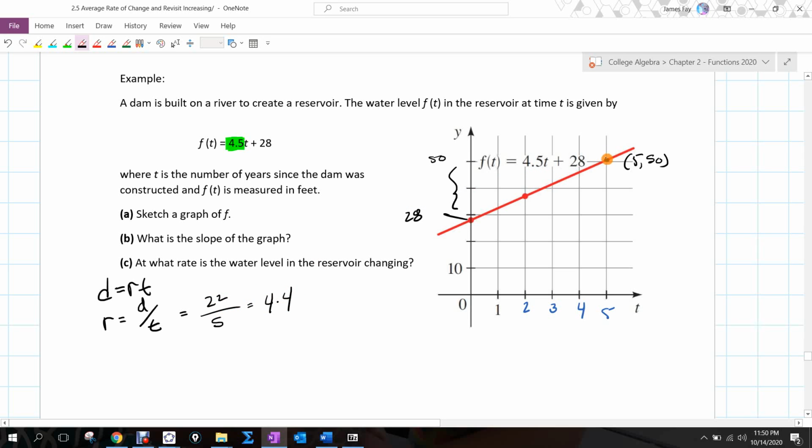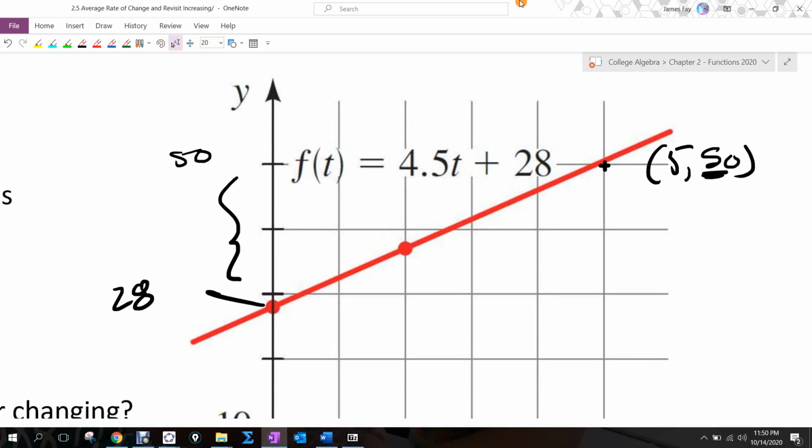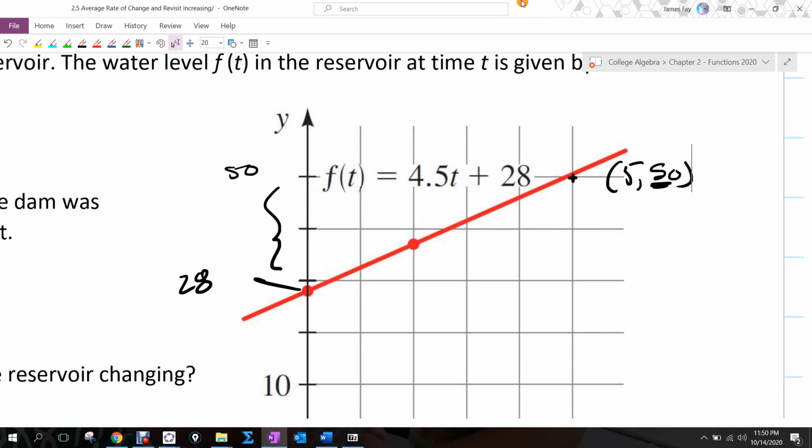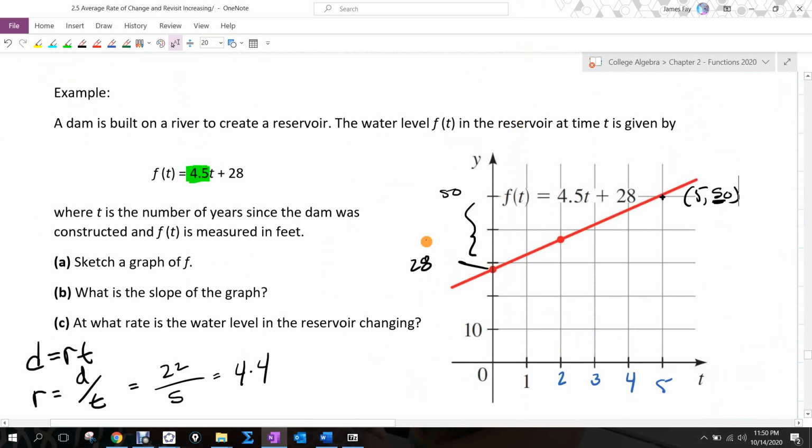So when I graph that point right there, I was making an assumption. If we zoom in on that point, you kind of see that we're not really crossing at those grid lines. It's a little bit above it, so this number here is off a little bit. But we're seeing that relationship, because I chose this point here and that point there, I get an average rate of change, which is a distance divided by a time.